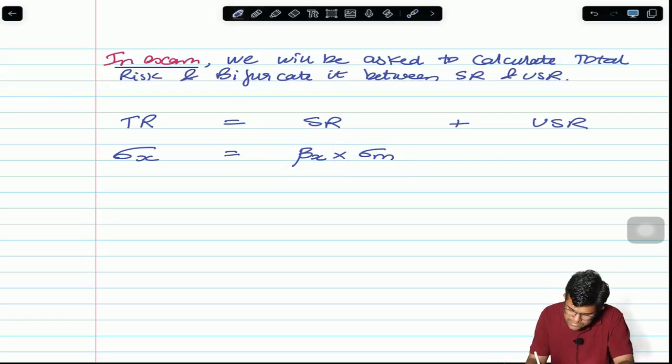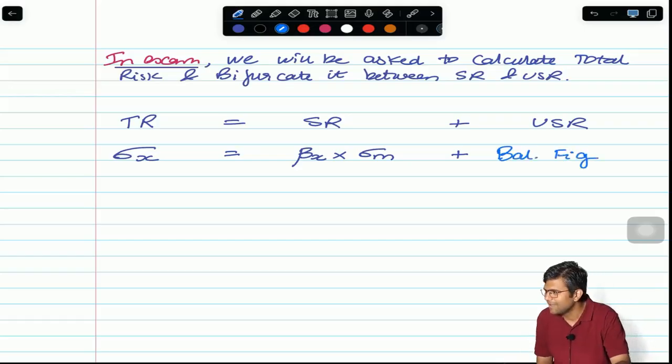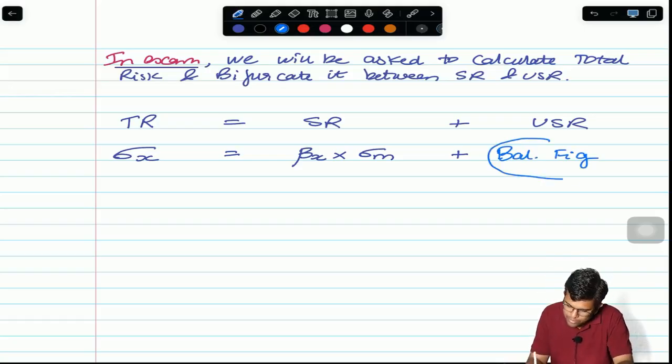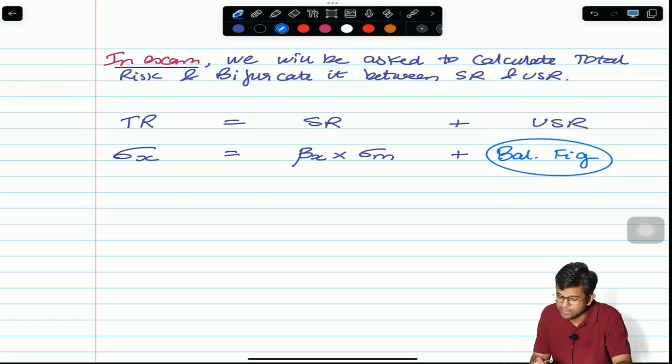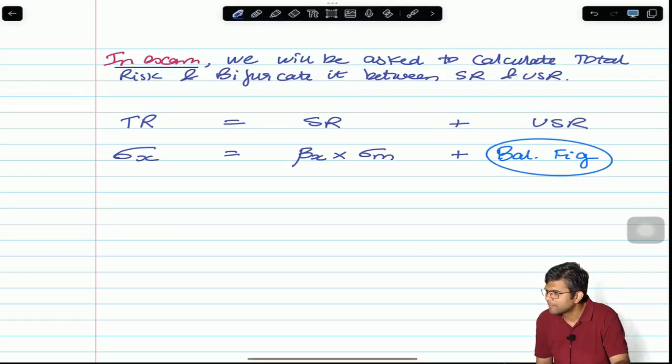And USR, students, is to be found as a balancing figure. Everyone, are you able to understand? No need to calculate error coefficient and all in the market. Getting it, na? In the exam. No need to do all that. All done.